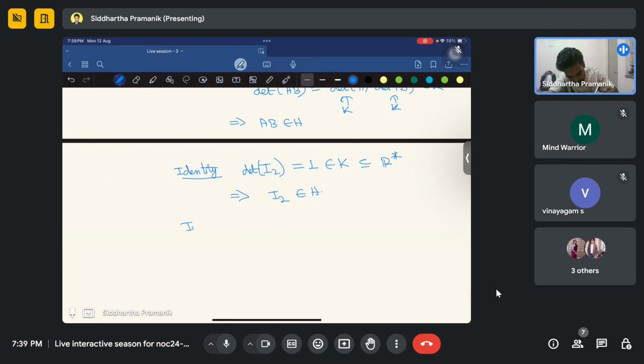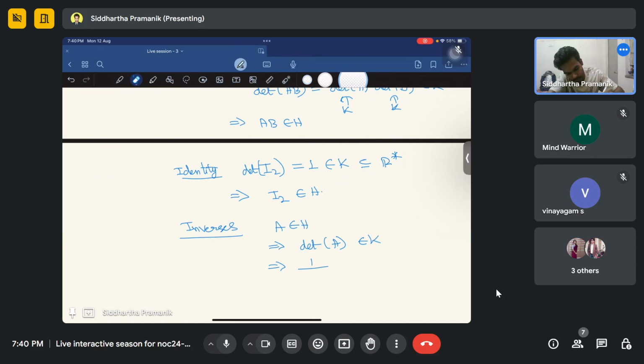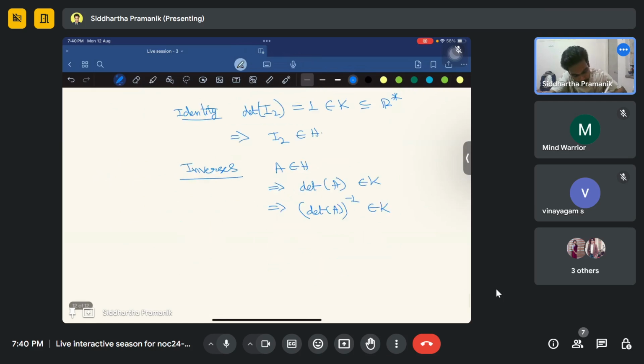Now inverses are the same. So if A belongs to H, that means determinant of A belongs to K. So let me write down determinant of A inverse, which is in K, because K is a subgroup.